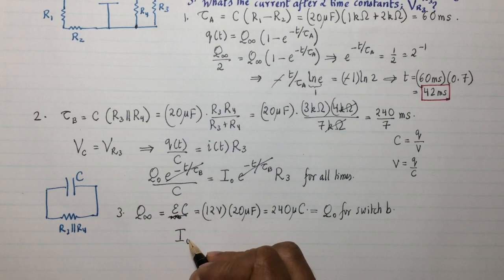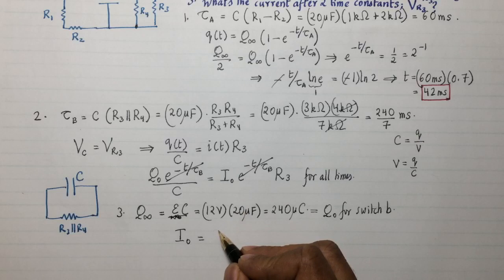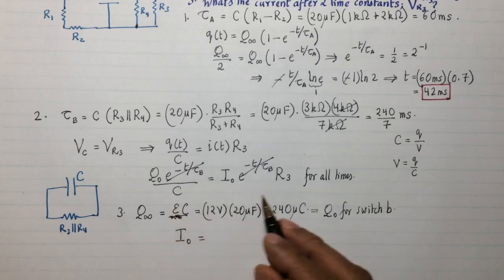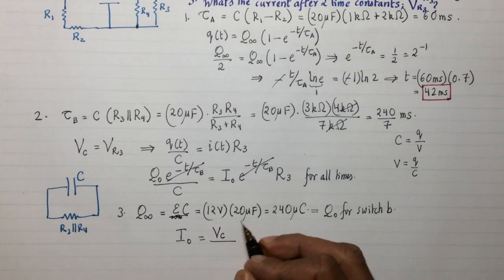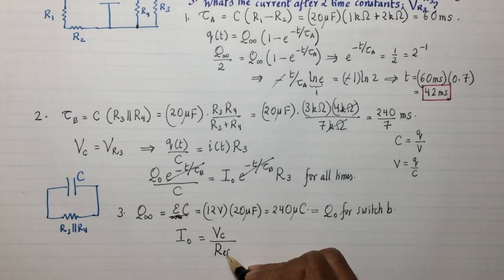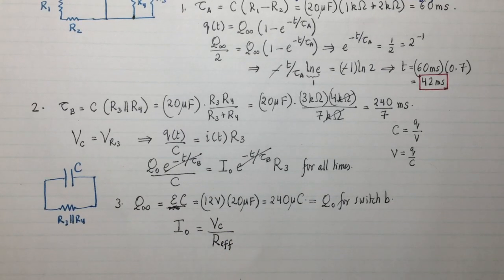The initial current I naught is going to be the voltage across the capacitor divided by the effective resistance, because that will certainly give us the initial current that the capacitor puts out.